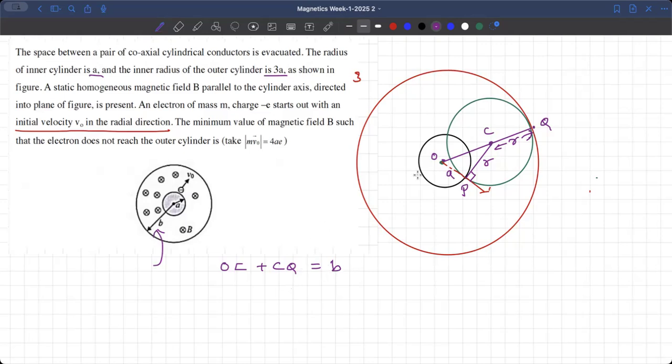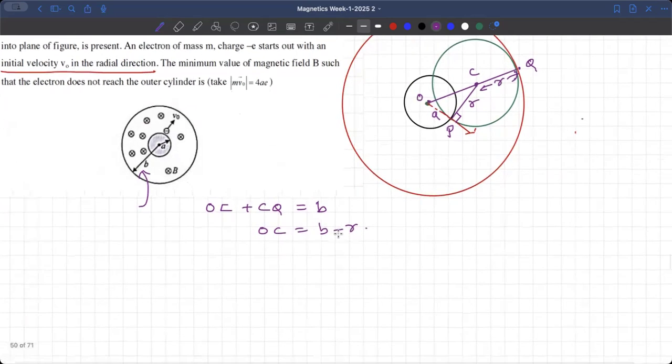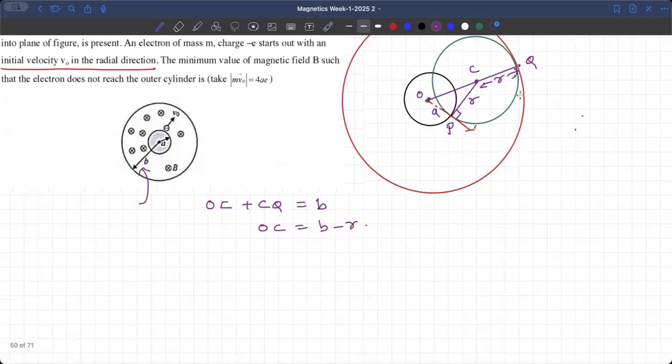CQ, we already know, is R. What is OC? OC is nothing but B minus R. And again, in the triangle OPC, here it is 90 degrees.